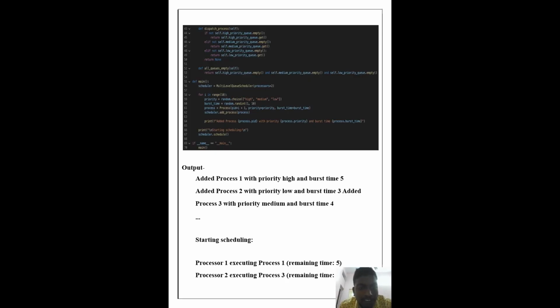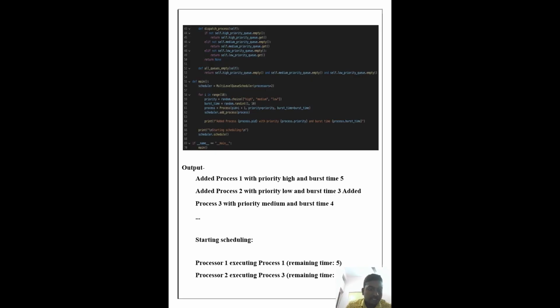By using the print statement, we can print the output showing how many processes are high priority and how much time they take. We get in the output: added process 1 with priority high and burst time 5, and process 2 with priority low and burst time 3.